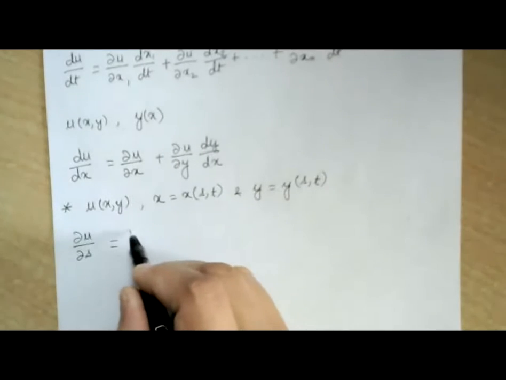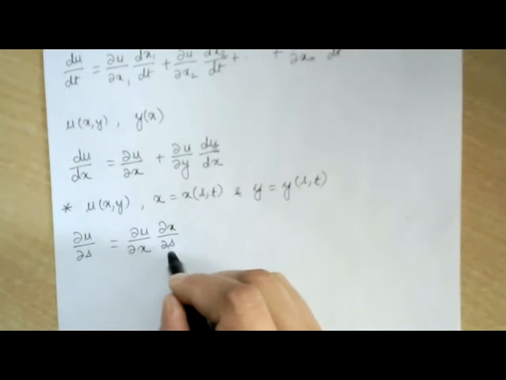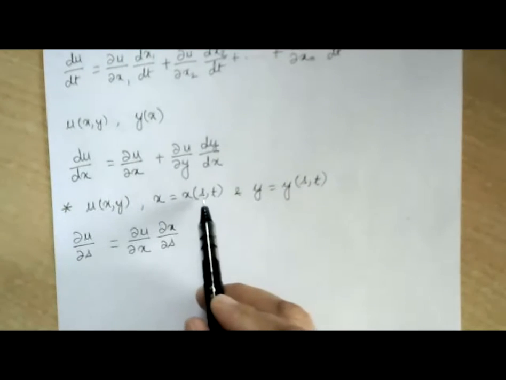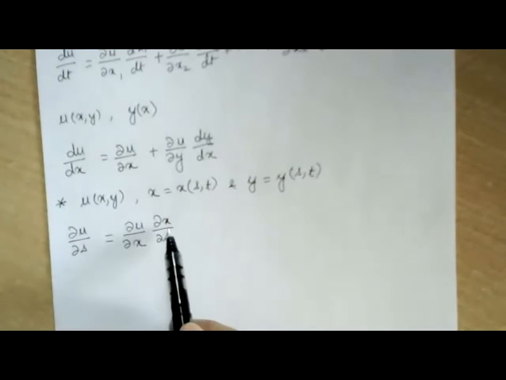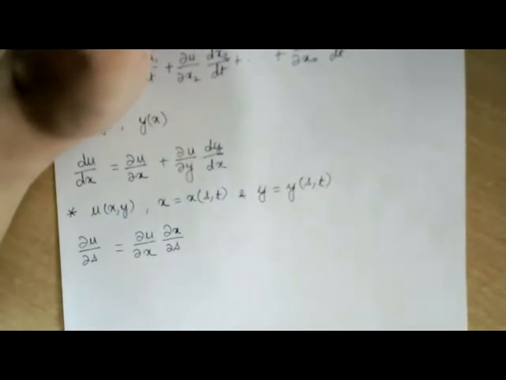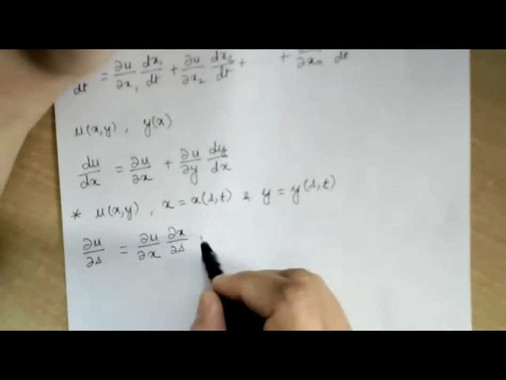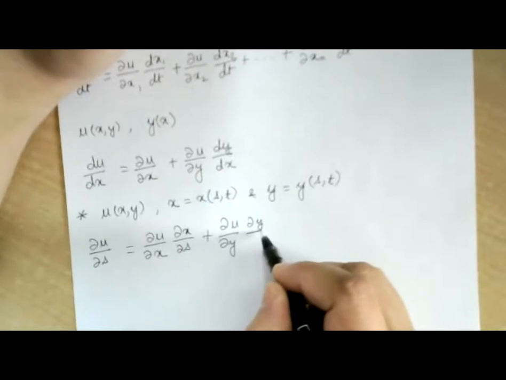This will be equal to del u by del x, del x by del s, where we are differentiating x partially with respect to s, plus del u by del y, del y by del s.